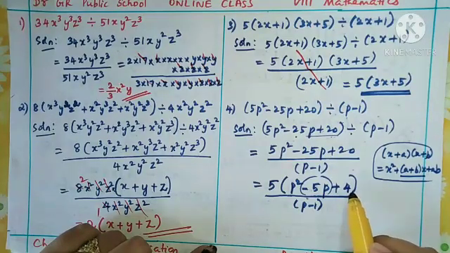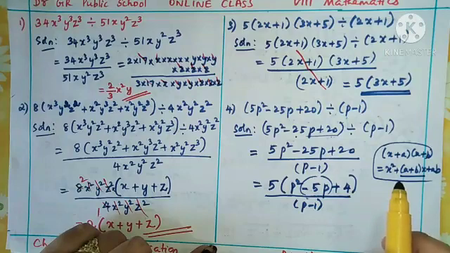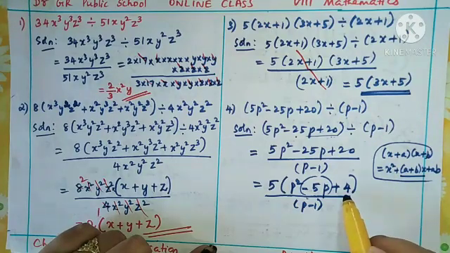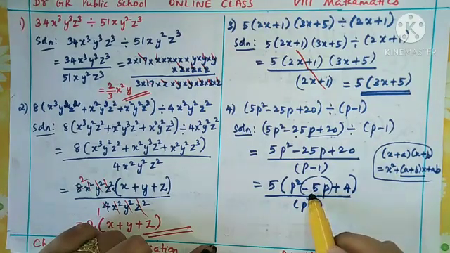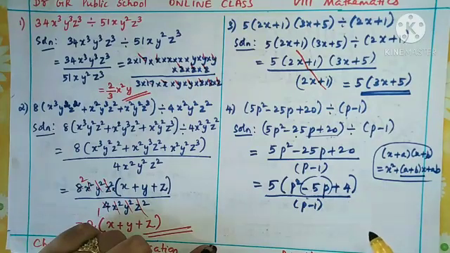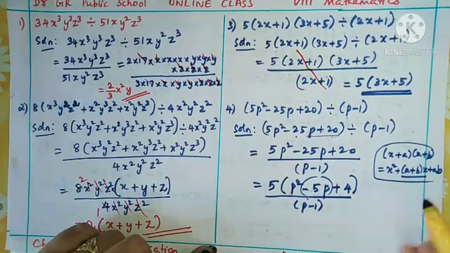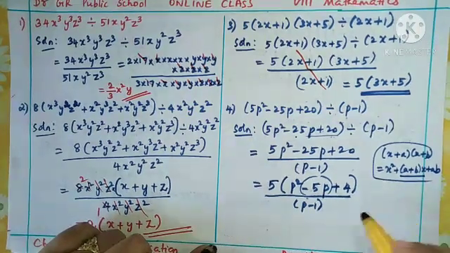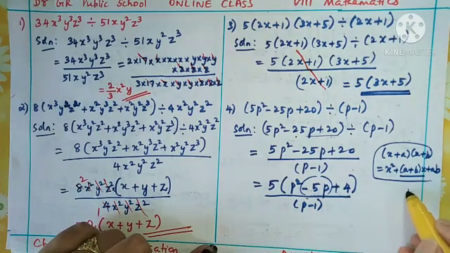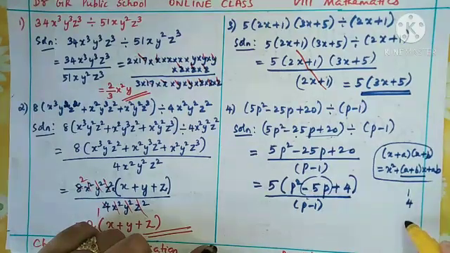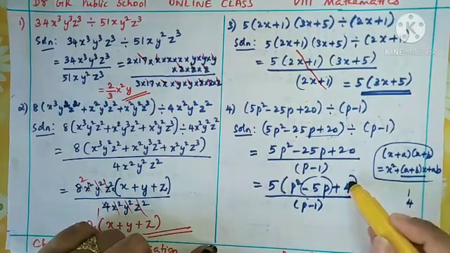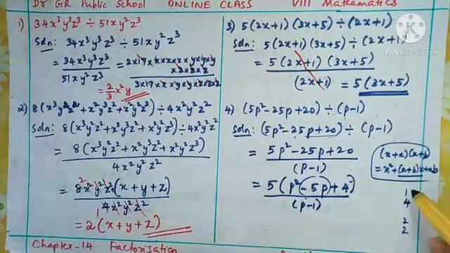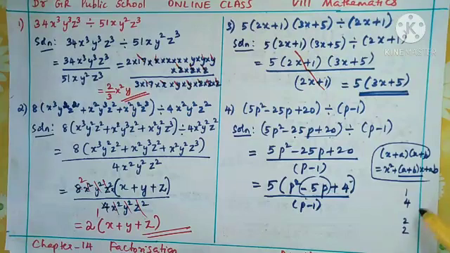So can you say two numbers that when you add you get minus 5 and multiply you get plus 4? Yes, if you want to multiply and get plus 4, the only two numbers are 1 and 4. 1 into 4, 4. Also you have 2 into 2, 4. If you want to get this product 4, 1 into 4, 4 and 2 into 2, 4 is the only possibility.